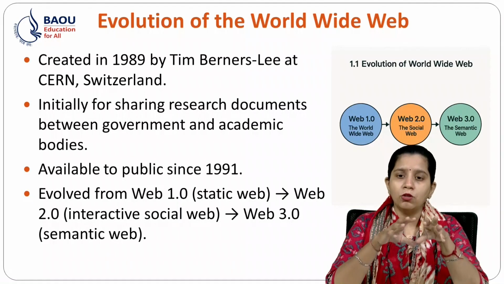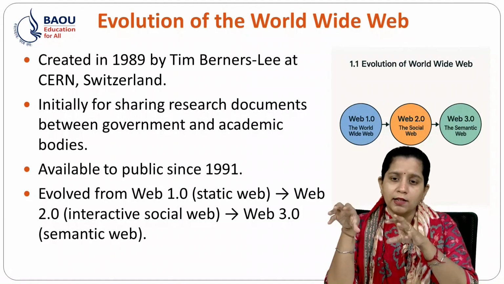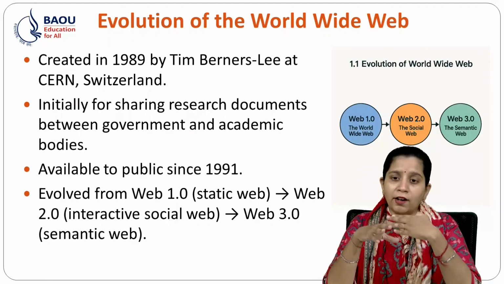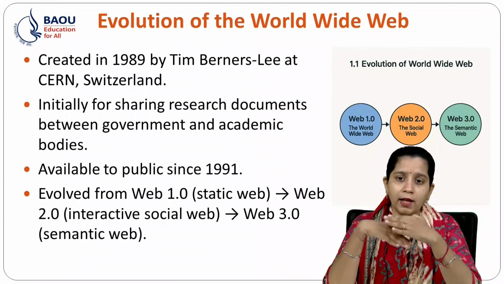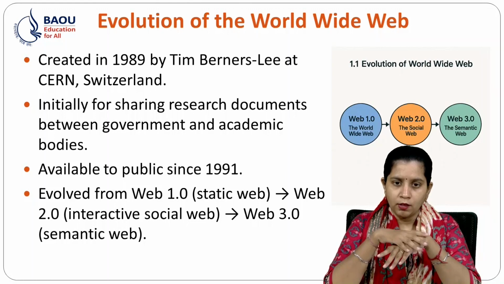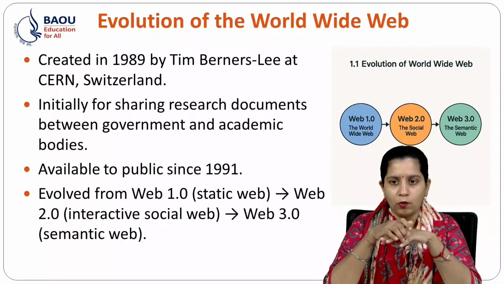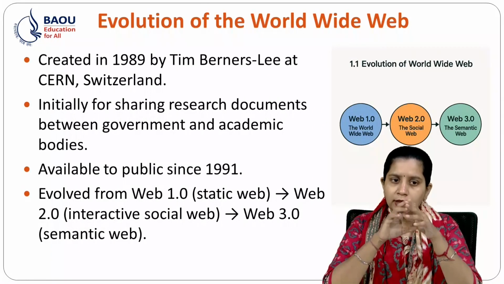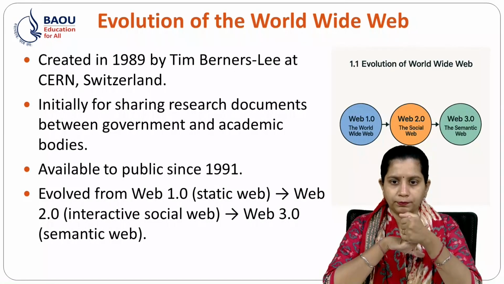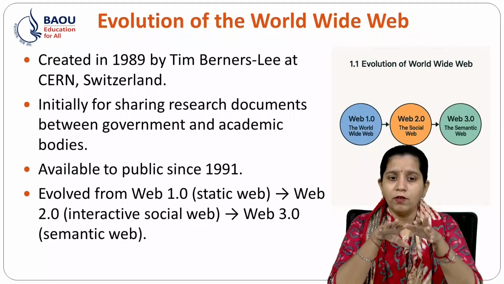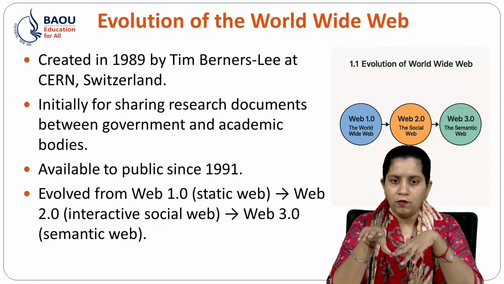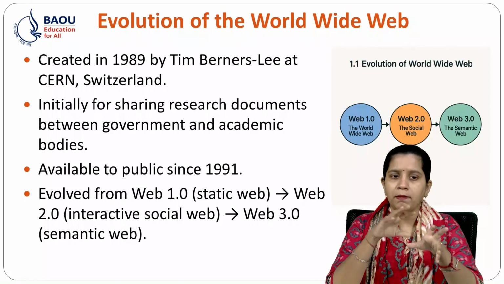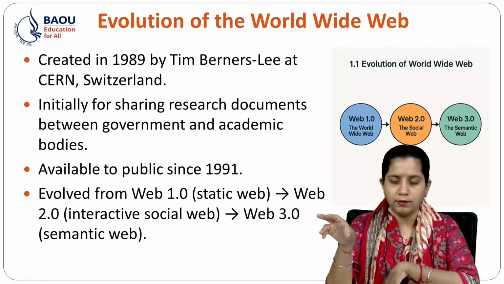They use CSS and other things so that they can make the website interactive. And Web 3.0 is the semantic web, the combination of both static and interactive. Nowadays we use the semantic web, both types of HTML pages, the static web and the interactive social web.